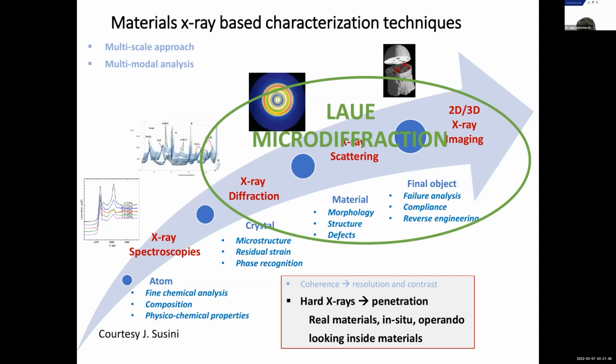For example, if you are doing electron microscopy, the probe volume is very, very small compared to the volume you can access with X-rays. So thanks to that, you can really study real materials in situ or operando, looking inside the materials, which is invisible to other techniques.